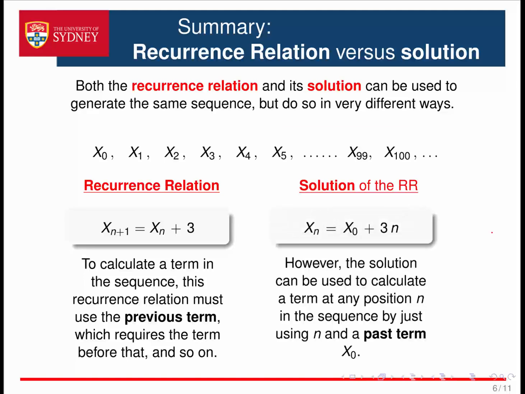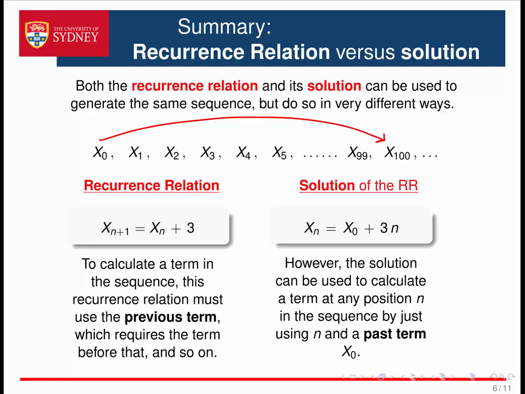Now this is very different to using the solution to calculate any term in the sequence. For example, to calculate the 100th term using the solution, we just use the first term x0 and the position of the 100th term, that is, n is equal to 100. And very importantly, we don't have to calculate any of the intervening terms, x1 to x99.